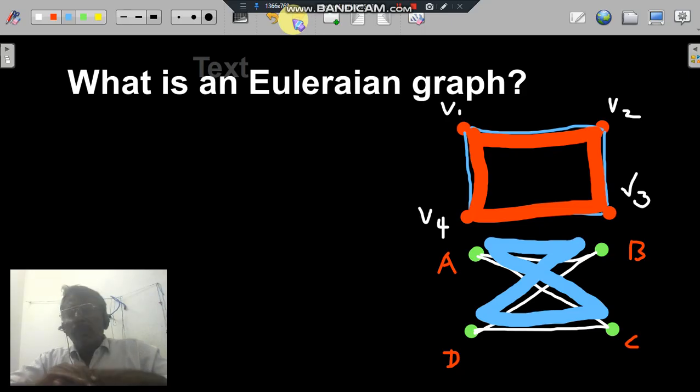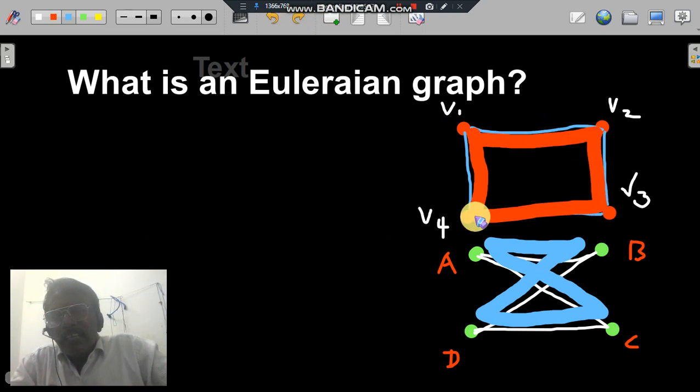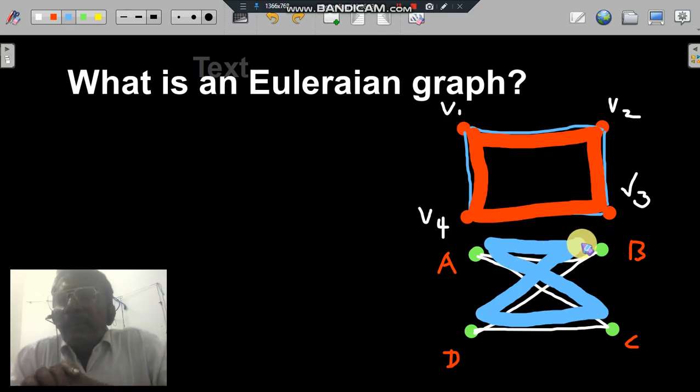So you have to understand that in these two graphs there exists a cycle that contains each edge only once. I mean, the cycle passes through all the edges but only one time. Such a special type of graph we call an Eulerian graph.